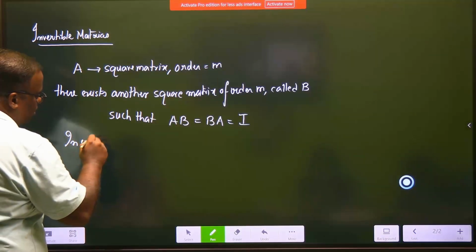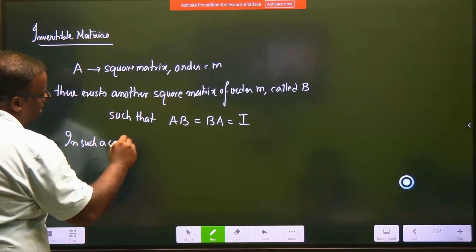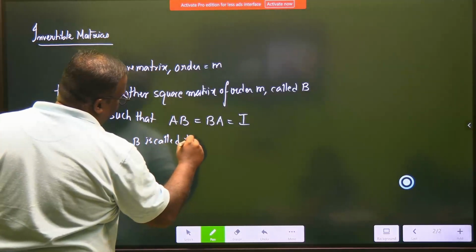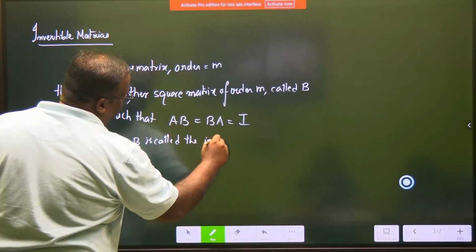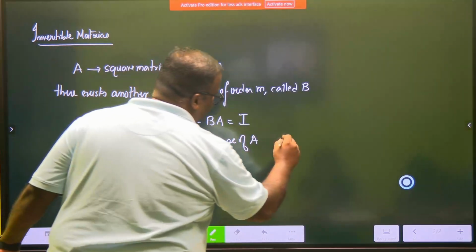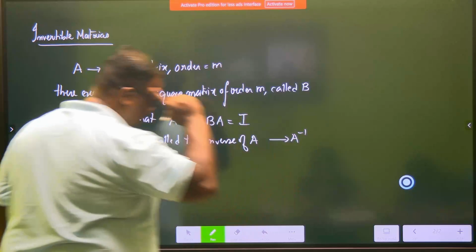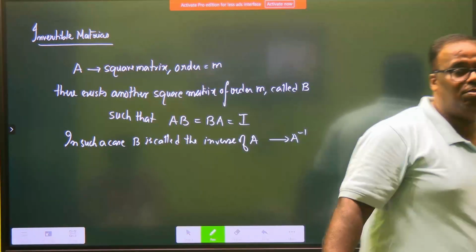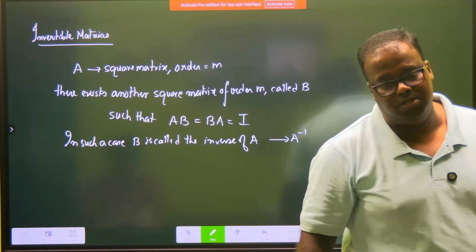In such a case, B is called the inverse of A and is written as A inverse, or A can also be called the inverse of B. Then A will be known as B inverse.